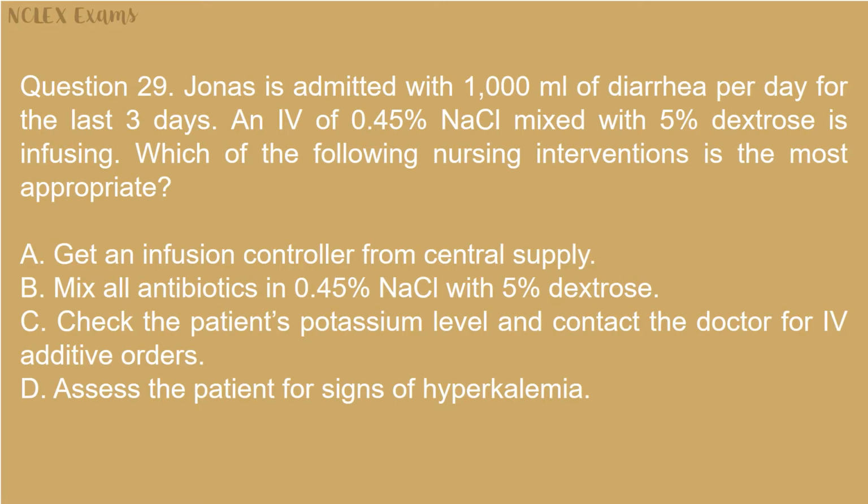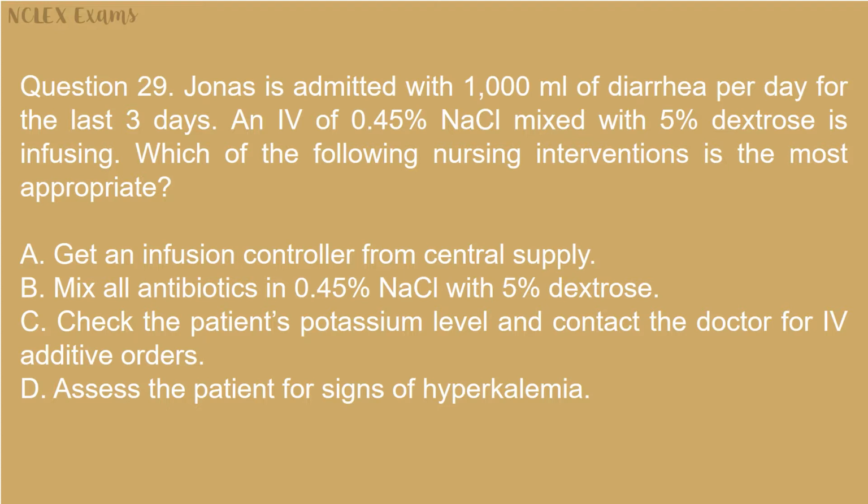Question 29. Jonas is admitted with 1,000 milliliters of diarrhea per day for the last 3 days, and 4 of 0.45% NaCl mixed with 5% dextrose is infusing. Which of the following nursing interventions is the most appropriate?